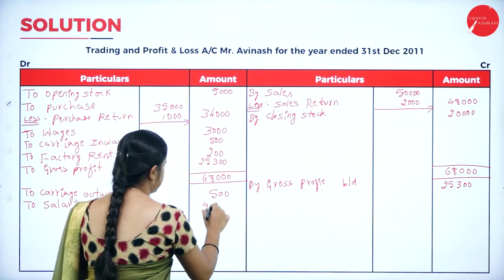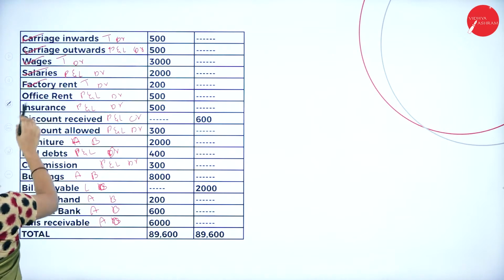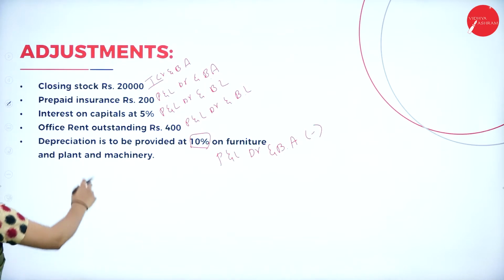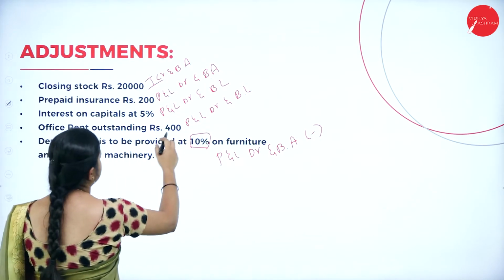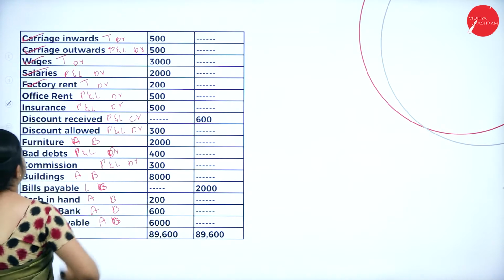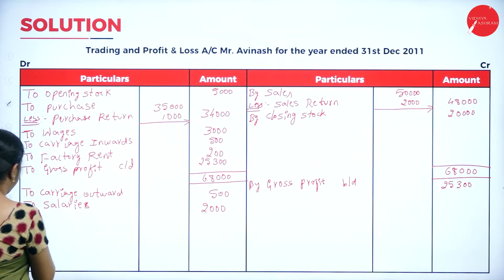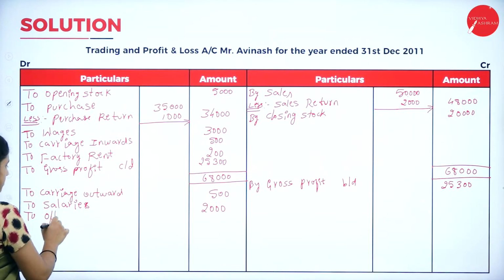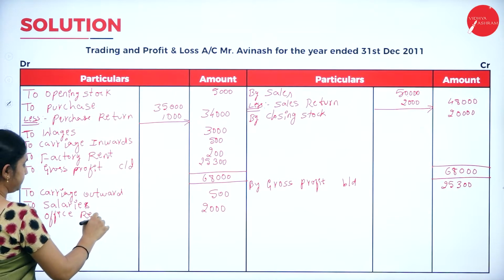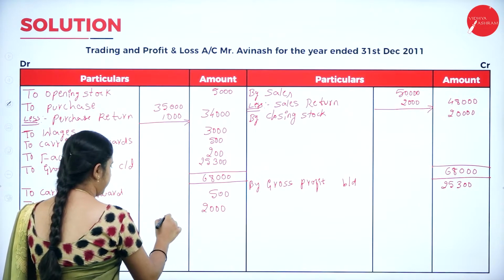To salaries 2,000. Next, office rent. For office rent, we have adjustment, outstanding office rent of rupees 400. So first, write office rent 500. To office rent. Write in the inner column 500.